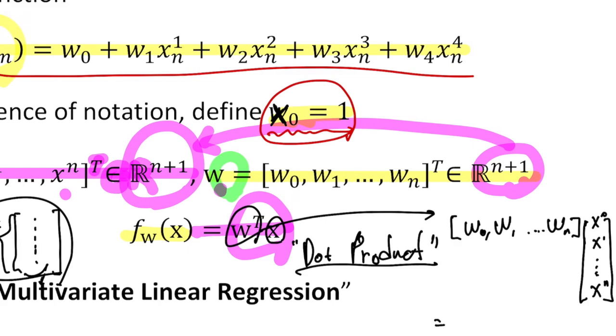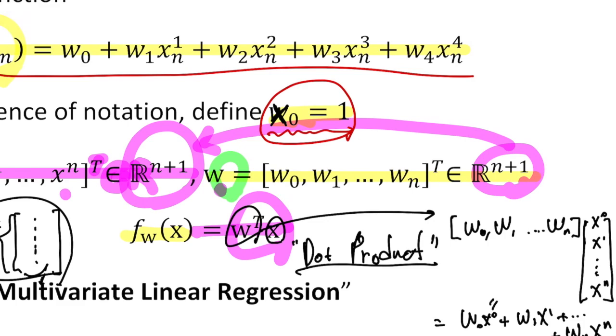So it should be W0 times X0 plus W1 times X1 through Wn times Xn, something like this.